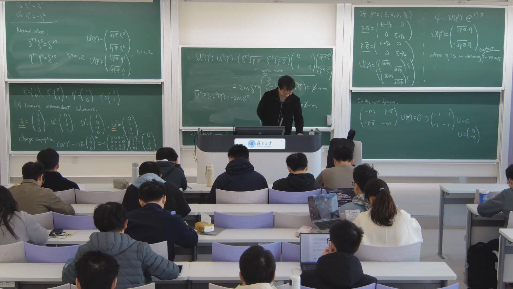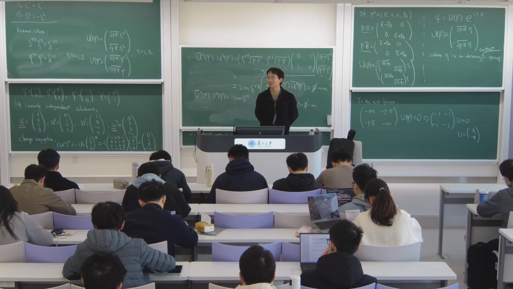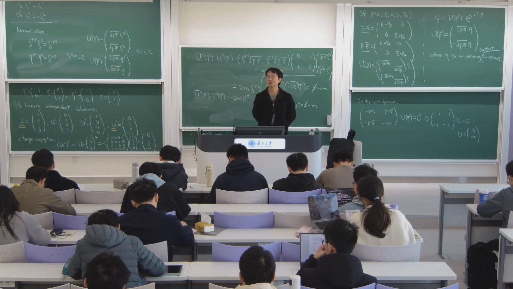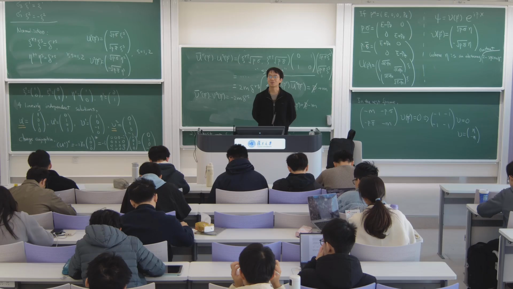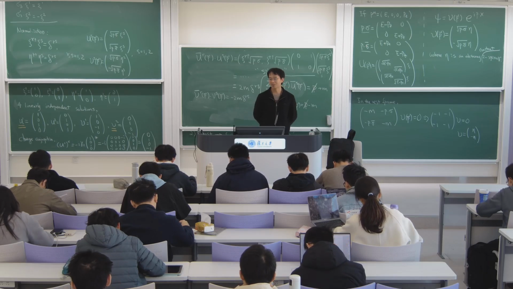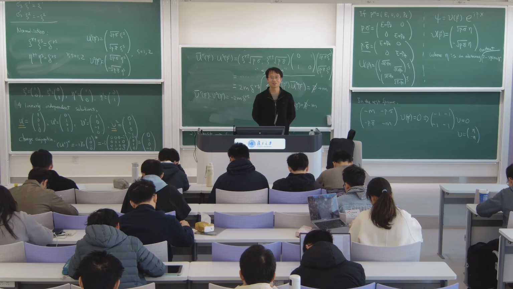Okay. This is a comment. There are of course other ways to justify or get this correct counting. For example, you can use the canonical approach, like phase space counting.